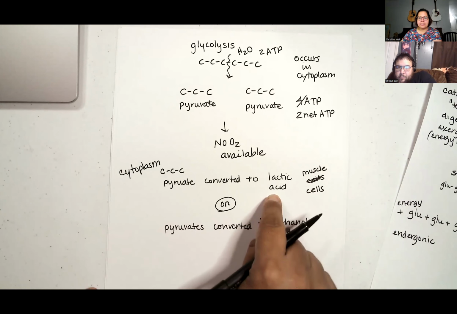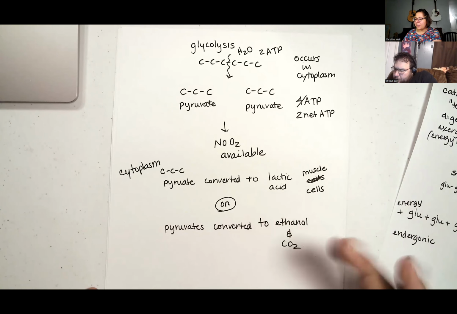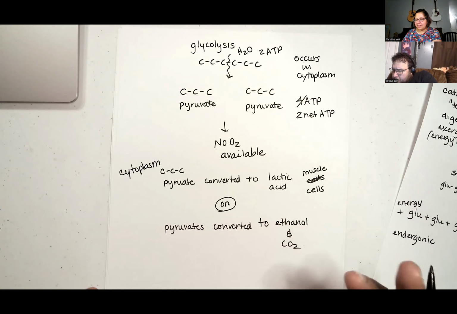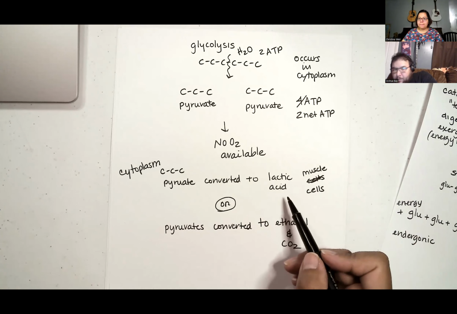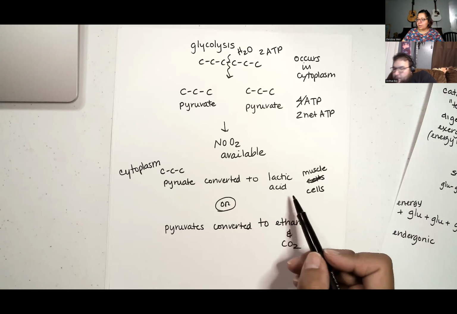Lactic acid is the stuff that spoils milk. So are you telling me that you make the stuff that spoils milk inside of your cells? And the answer is yes. As long as your muscles are warm, lactic acid remains a liquid. But if your muscles get cold, lactic acid crystallizes, and that's what causes muscle soreness.